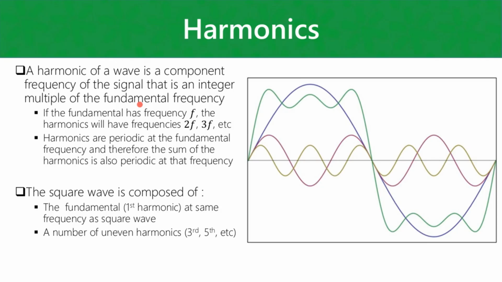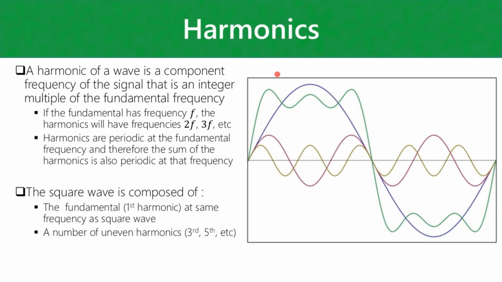And it was actually proven to be correct. So if you measure a square waveform on an oscilloscope and you zoom in really closely to the edges of the square wave, you will see these little ripples actually.